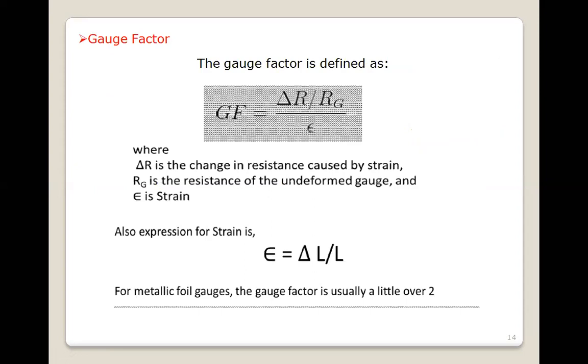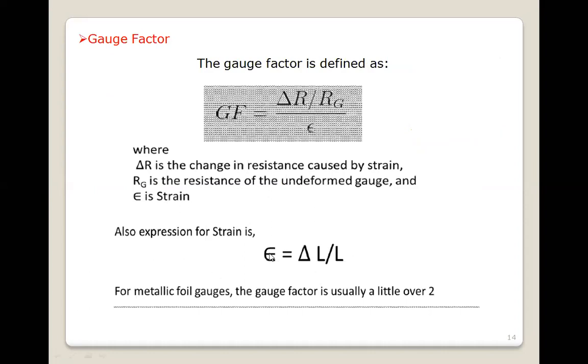So gauge factor is equal to del R by Rg divided by epsilon naught. What is del R? Del R is the change in the resistance caused by the strain, and Rg is the resistance of the undeformed gauge. And what is epsilon? Epsilon is the strain.